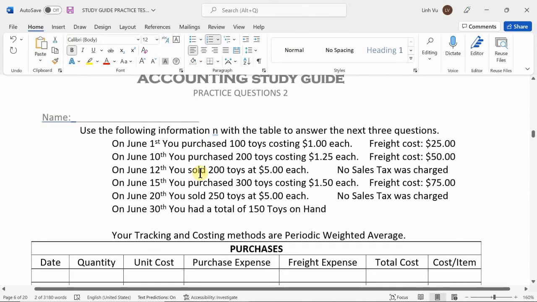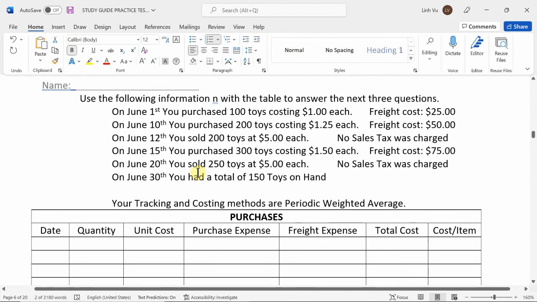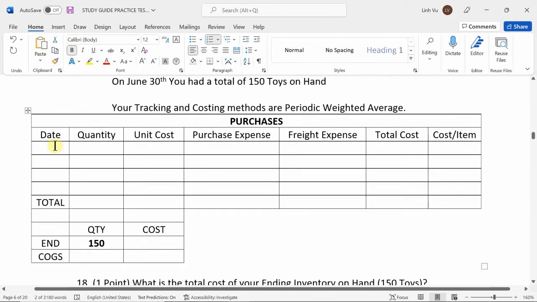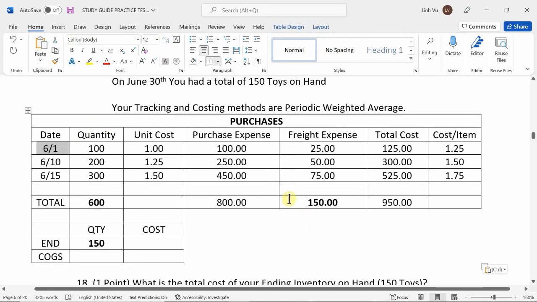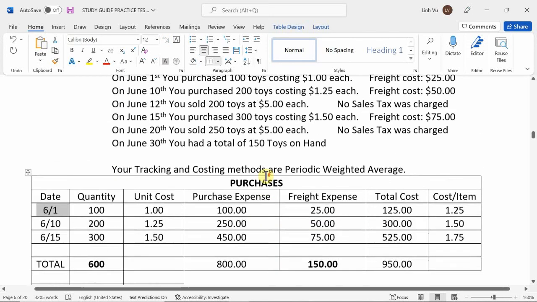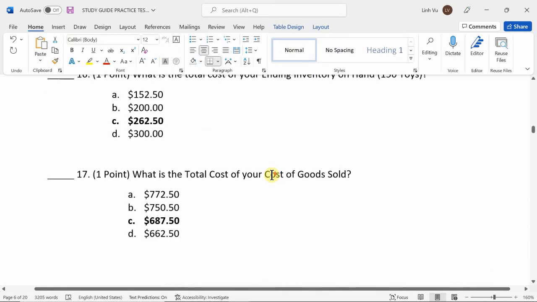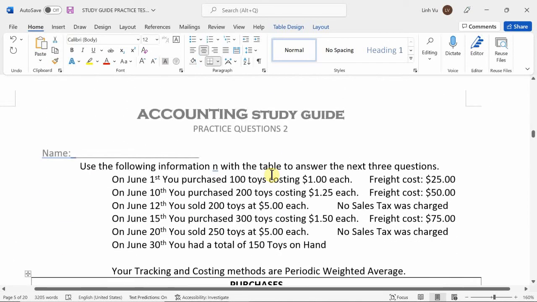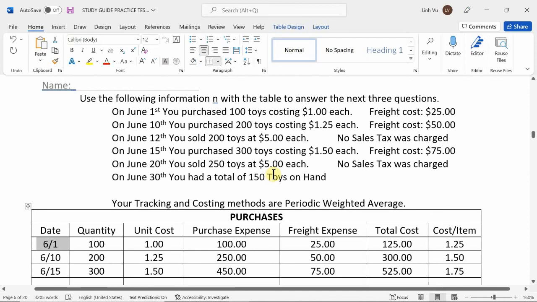All right, and then last but not least, let's do an example of periodic weighted average. Once again, the same exact numbers to save you some time. Now, what's the difference between all of these other methods? You got first in, first out, you got last in, first out, and this one is weighted average.